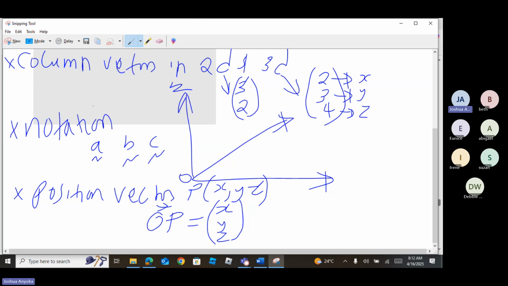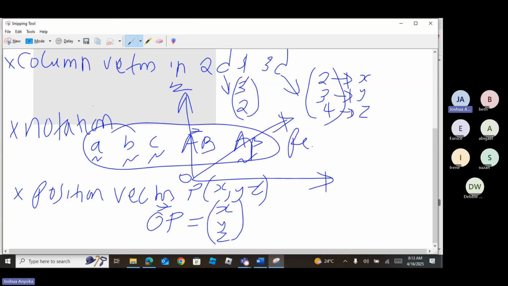If it is written in terms of direction, vector AB, we must include that arrow to show that we are talking about a vector. Still, we can write AB with a line drawn on top. So this one is very necessary under representation of vector. Every time you are working out, try to do this so that somebody can know how a vector is represented.